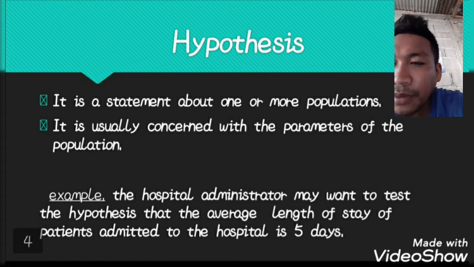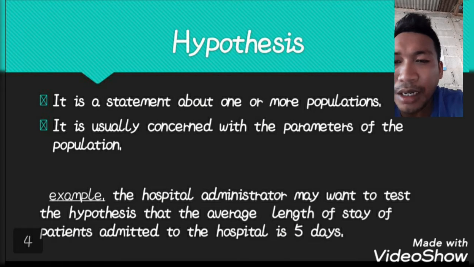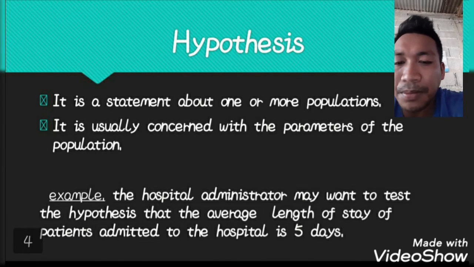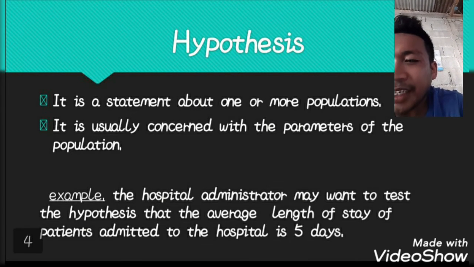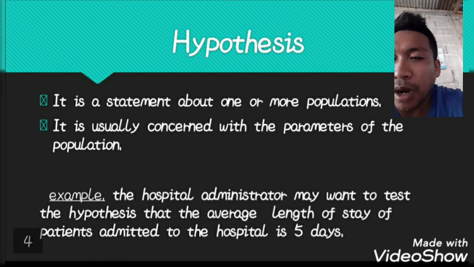It will not only look at a single perspective, just like we did in our earlier grades, but now it is usually concerned with the parameters of the population, not a simple individual or sample but lots of them. Hypothesis: it is a statement about one or more populations. And the second one, it is usually concerned with the parameter of the population.